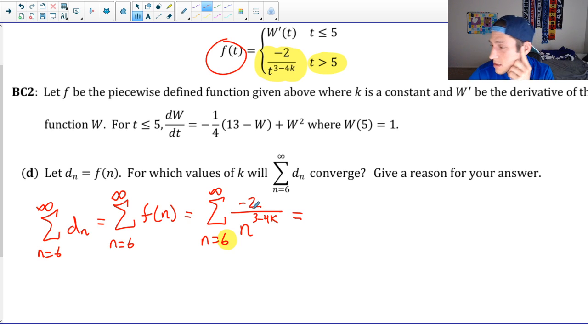Ratio test, could maybe use ratio test, but ratio test is really good if we're talking about factorials or if n is in the exponent, which it's not in this case. So I'm thinking about a p-series. I'm thinking I can sort of change this to look like a p-series.